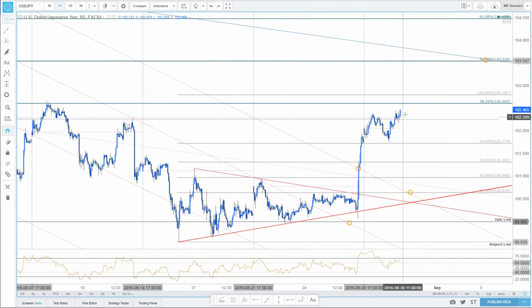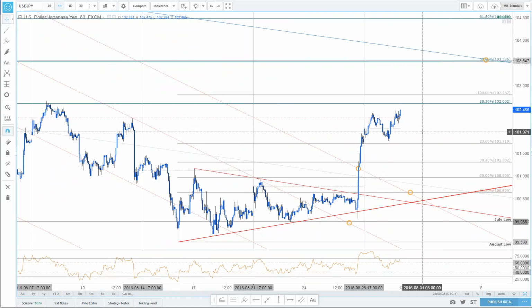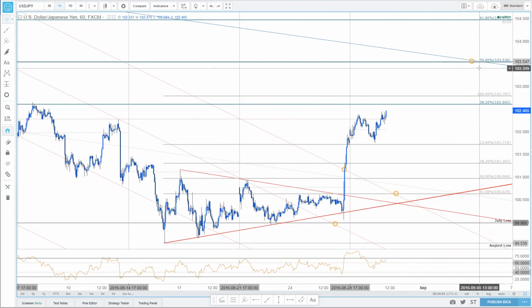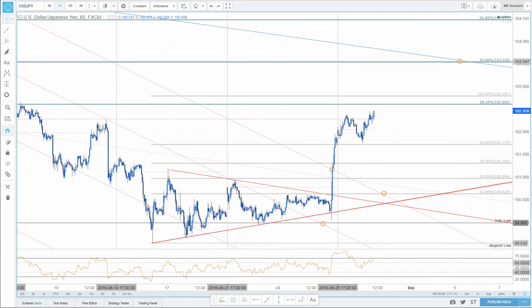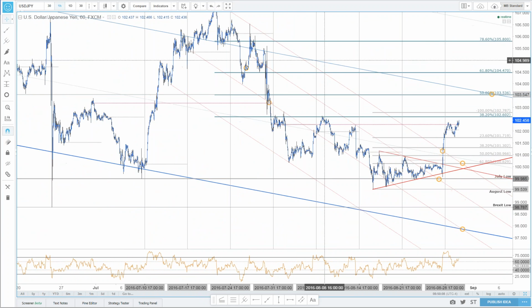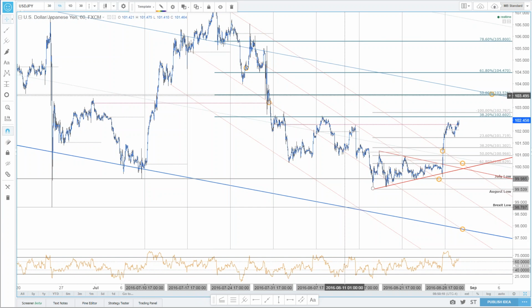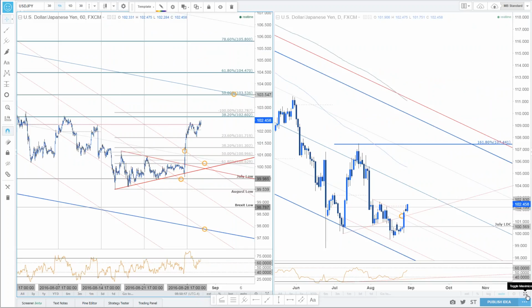Again, it remains constructive, guys, so we would need a pullback to get back in. Ultimately, I am looking for a stretch into 103.53. That actually coincides with this median line and the 50% retracement a little bit later in the week, towards next week, actually. Here's what it looks like on the daily. Okay, that's this line right here.